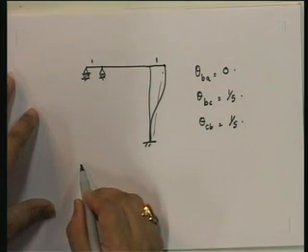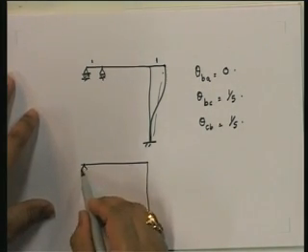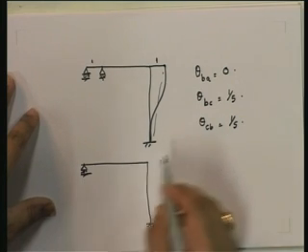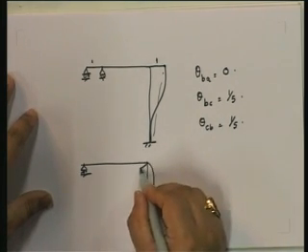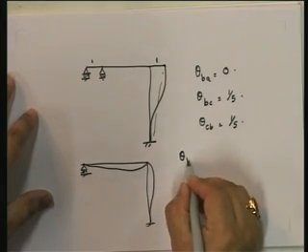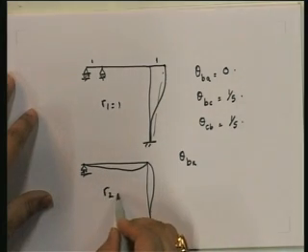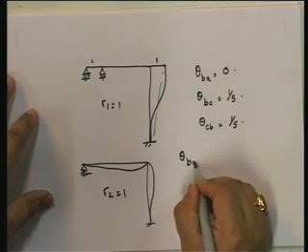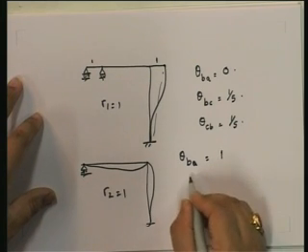Then we have the rotation. The rotation is going to give me this. So this is going to give me theta BA. This is R1 equal to 1. This is R2 equal to 1. So theta BA is equal to 1.